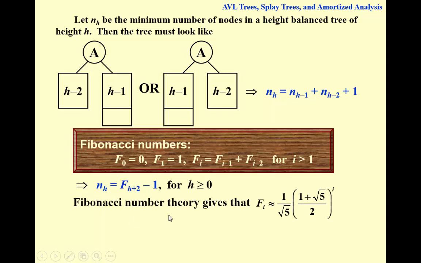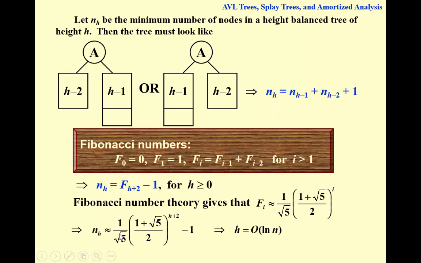According to number theory, we know that the ith Fibonacci number is approximately a constant times another constant to the power i. It's an exponential function. And therefore, we obtain that n sub h is approximately a constant times a constant to the power of h plus 2. That plus 2 doesn't matter, it's another constant, right?